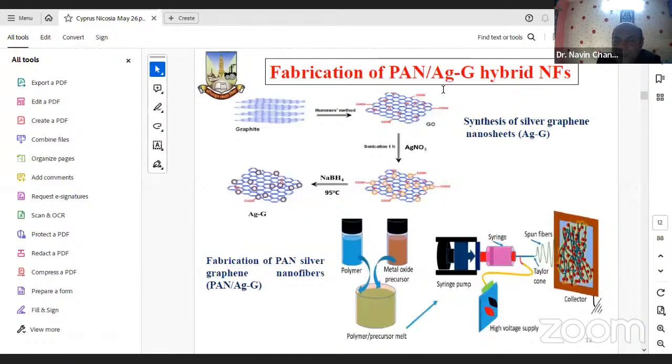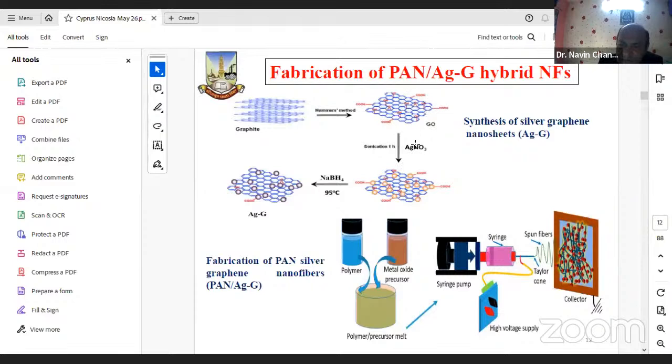Fabrication of PAN silver graphite hybrid nanofibers. We have graphite in our hand, and by applying Hummers method, we convert this graphite into graphene oxide. Then, an in situ process we have applied. We prepare the solution of silver nitrate and add it dropwise to the graphene oxide.